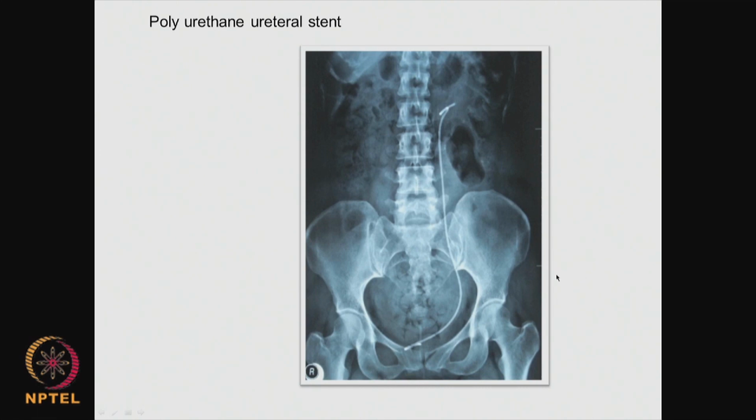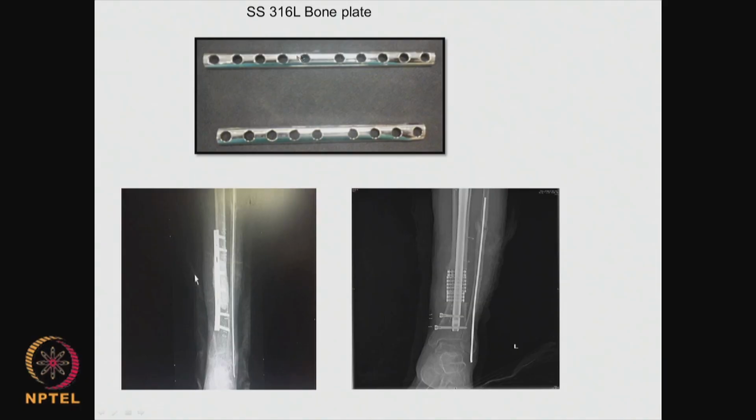This picture, this X-ray is a courtesy from Dr. Shroff of Sri Ramachandra Medical College in Chennai. Look at this, these are stainless steel bone plates. After an orthopedic surgery, these bone plates are placed inside to connect the bones using screws, as you can see, and pins here.